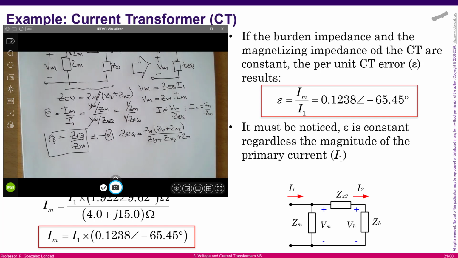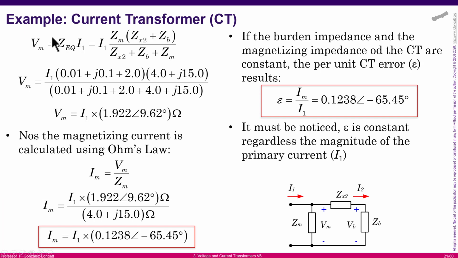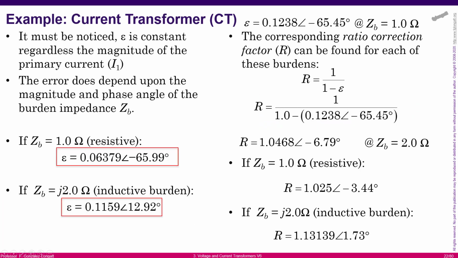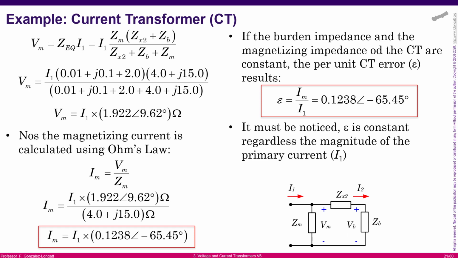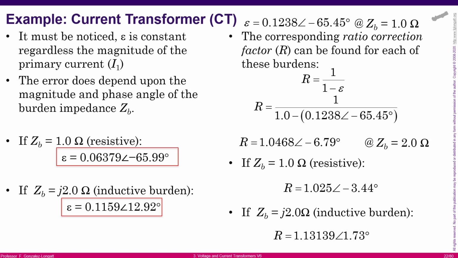Well, let me come back here to my explanation. Here we are calculating now the corresponding ratio correction factor, and then we run a calculation: what if we change the burden?